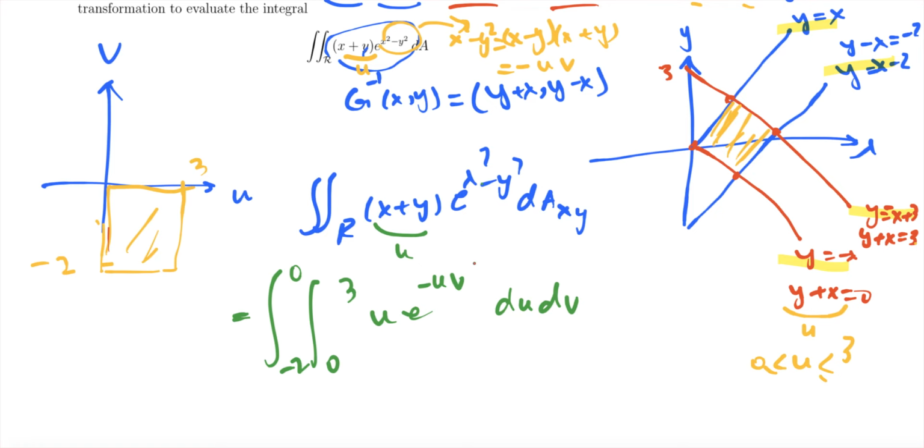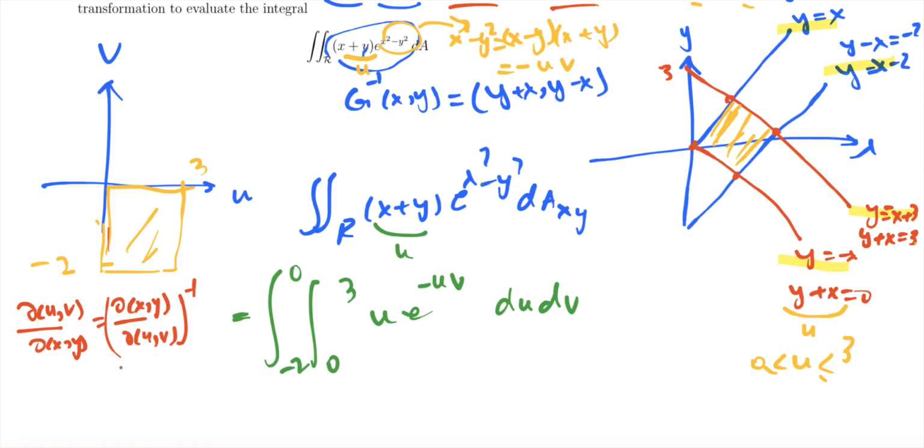Another nice property of linear transformations is that we know that at any point the Jacobian of u and v with respect to x and y is the inverse of the Jacobian of x and y with respect to u and v.